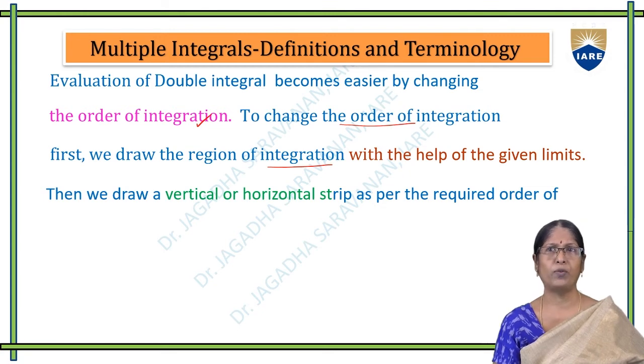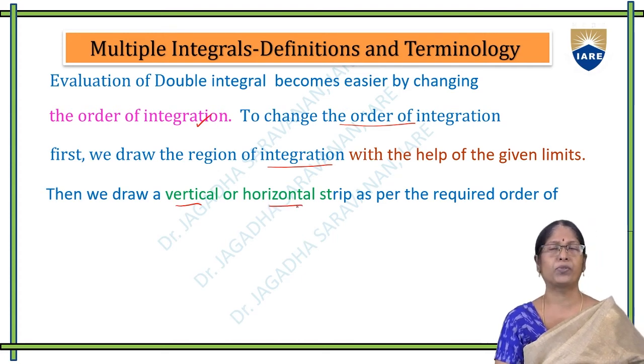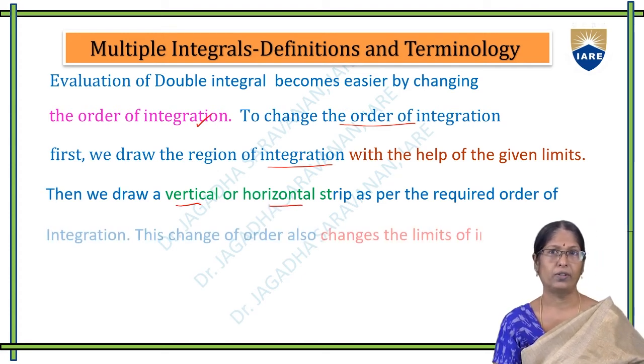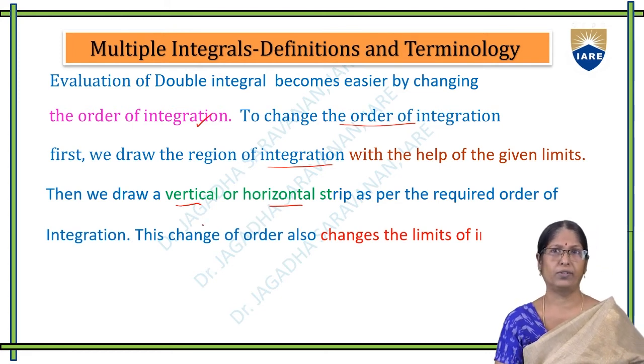Two ways we can evaluate, that is, the vertical or horizontal strips which are used. Suppose the problem is given for us to solve.